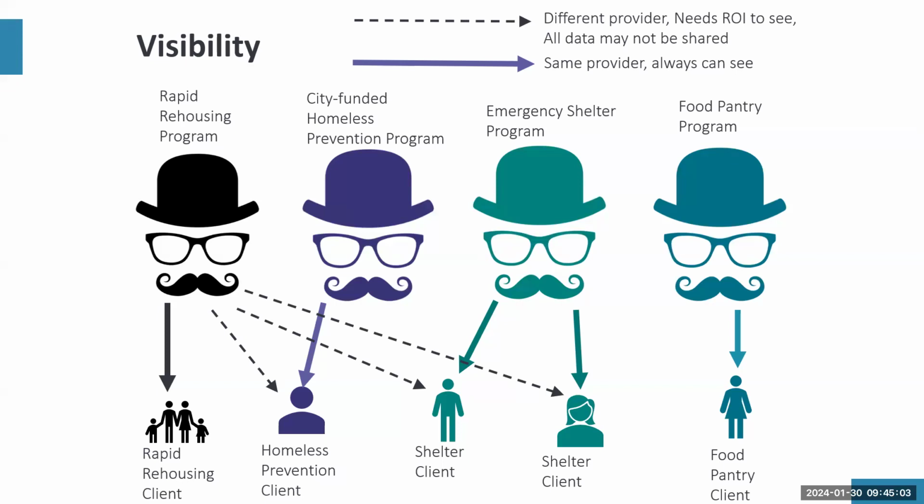That electronic release allows the system to identify individuals who have agreed for their information to be shared and visible across providers and agencies within HMIS. And without the ROI, the information will just simply stay within that home project level provider.